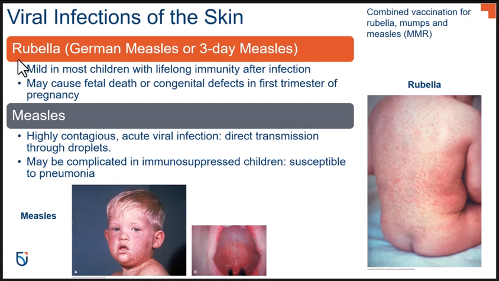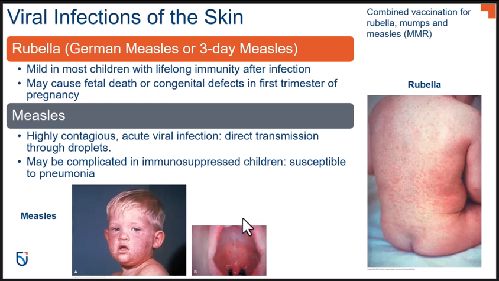So while rubella is not a concern for most people, and most kids will get rubella, it is a concern for pregnant women if that mother has not had rubella. So let's say you have a pregnant person who has never had rubella and wasn't immunized against it, and they have no idea what their immunity status against rubella is.